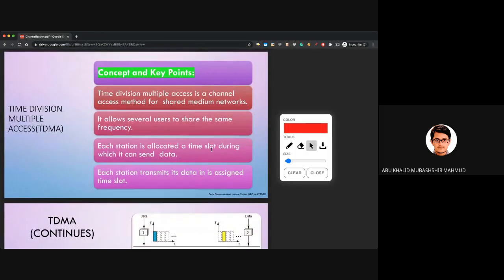Time division multiple access is a channel access method for shared medium networks.